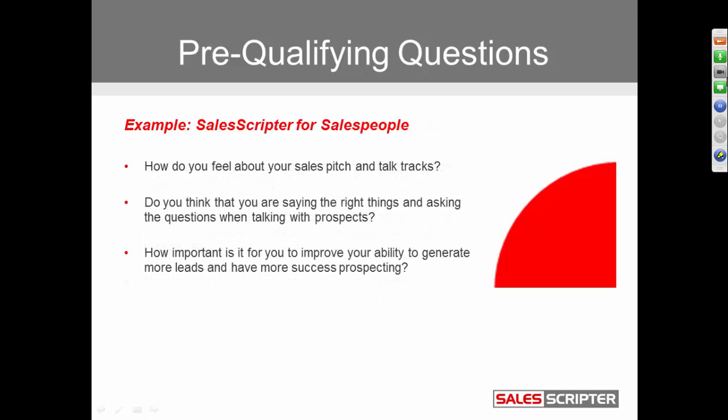And what makes that a little bit more complicated, as I switch over to this next slide, here are 3 different pre-qualifying questions. What I changed here was I changed selling SalesScripter to sales managers, and now I'm selling SalesScripter to salespeople. I changed the audience component here, and what that means is my pre-qualifying questions should completely change, because when I'm talking to salespeople, they don't care about ramping up new sales hires, right?